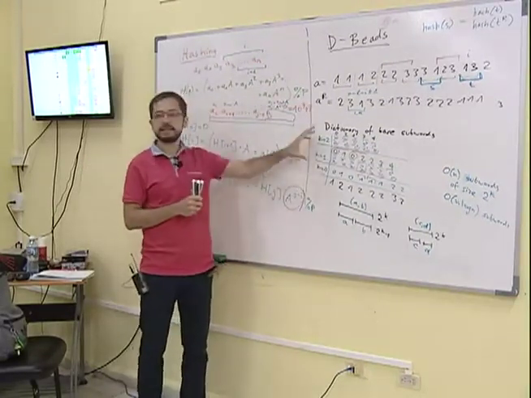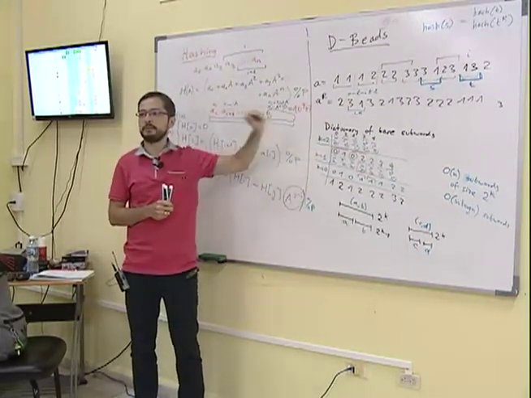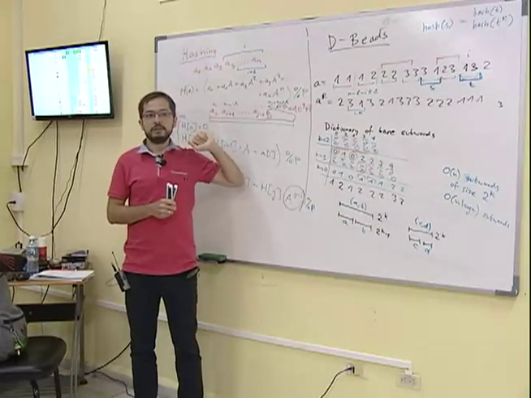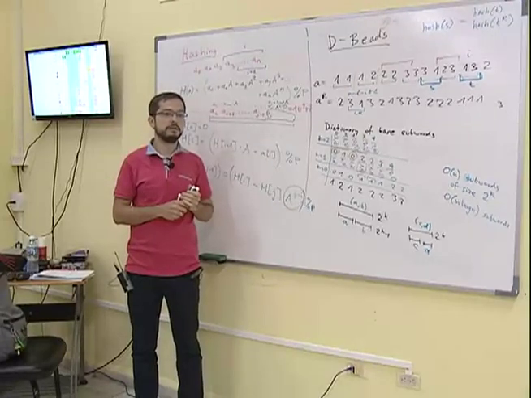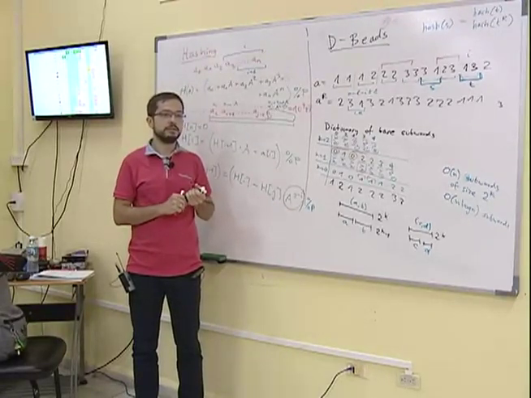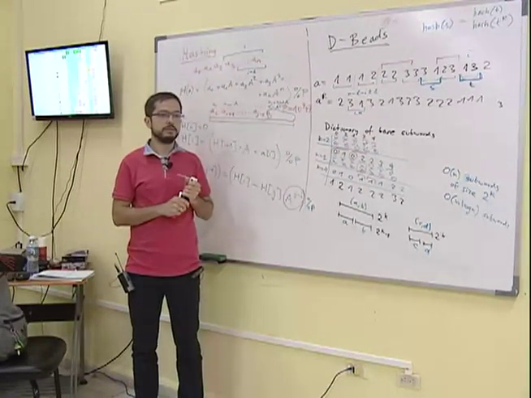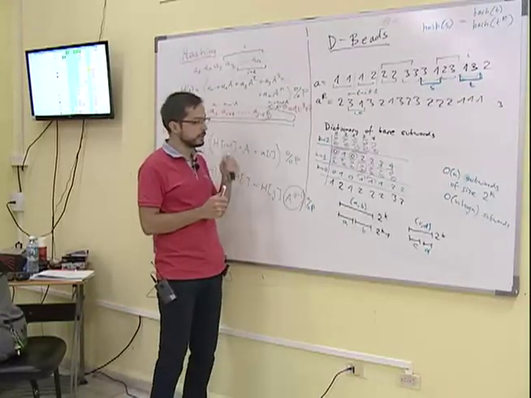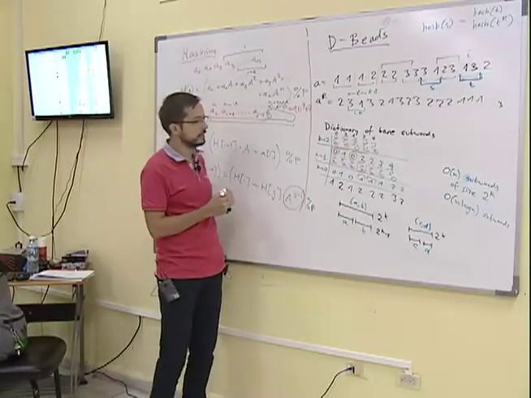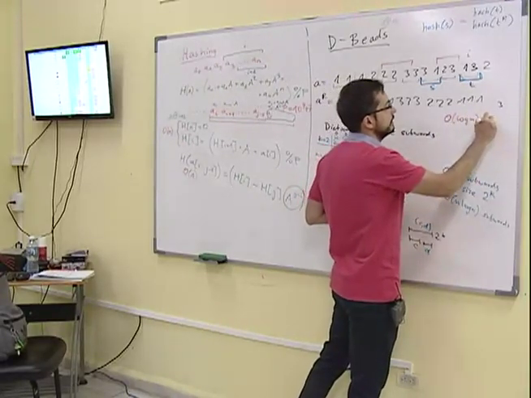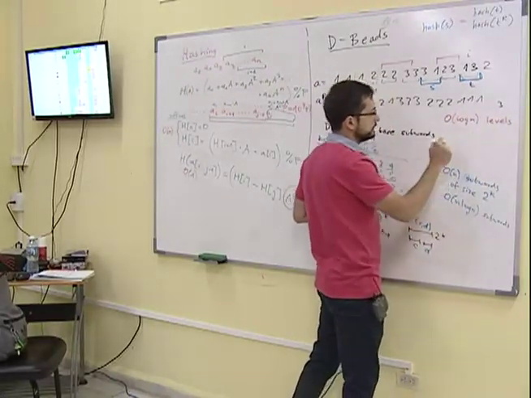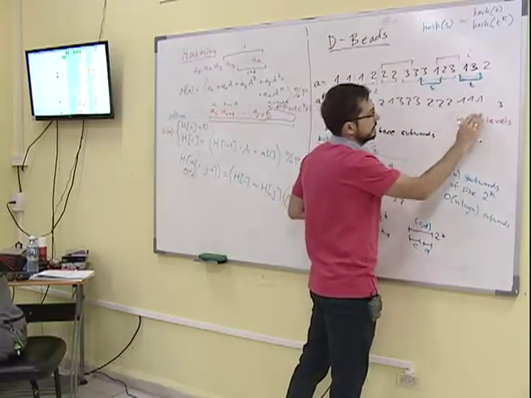So what is the time complexity of calculating this? Each level we can calculate the pairs in linear time. We have log n levels, and actually it's exactly log n.